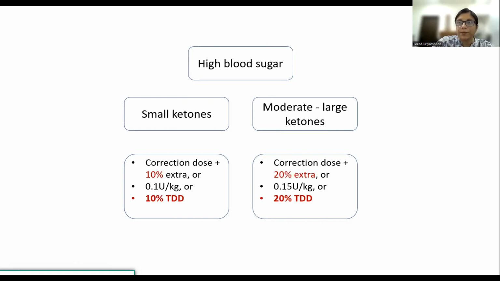So 1.7 can be 2, or 1.5 can be 1 or 2, based on what you think would be helpful. So the values are a little more. For small ketones, 10% extra; here 20% extra, 20% of total daily dose or 0.15 units per kg.